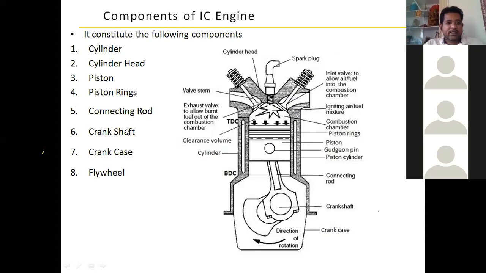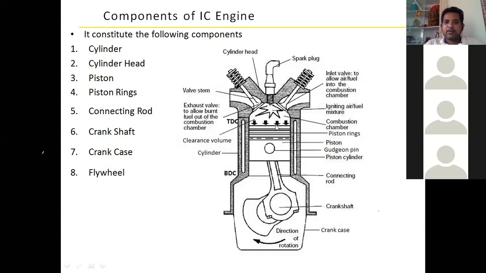And also there is a crankshaft. At the lower portion, what you are finding is a small circular one; that is something we call the crankshaft. We know that because of the combustion of the fuel, the piston is forced to move from top to bottom and bottom to top.